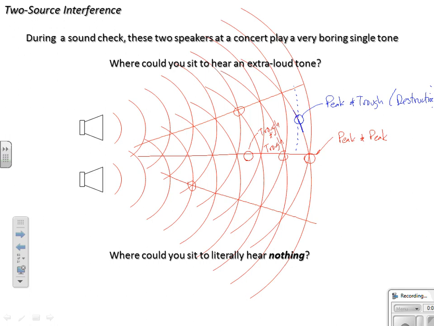Here I should put constructive. So there we hear nothing, and also here, and also here, and really anywhere along this line. Anywhere along here, we have peaks lining up with troughs.